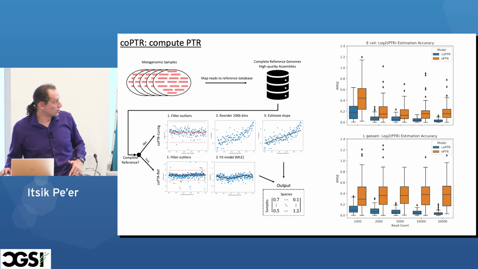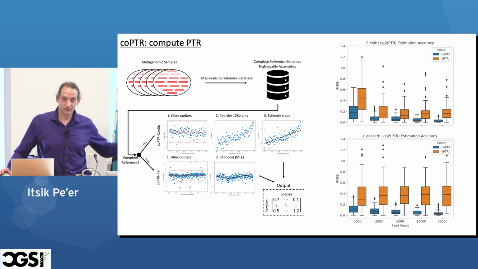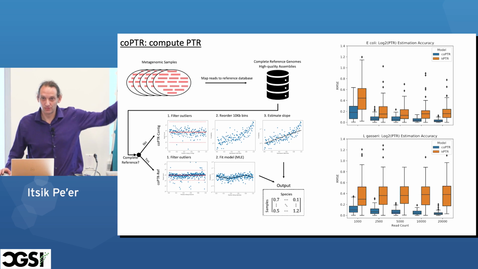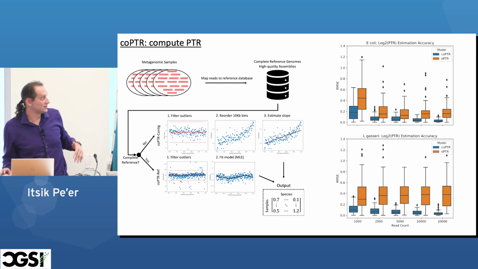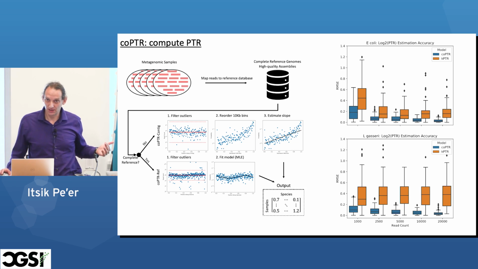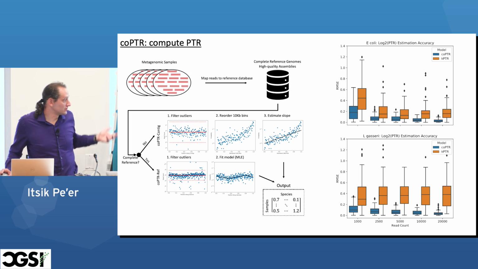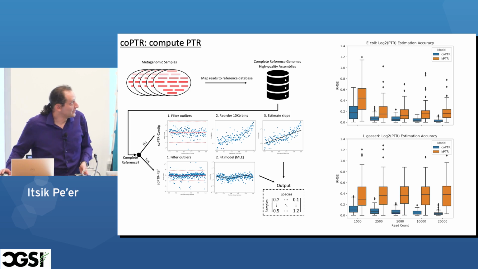So if we order the different bins of sequence according to their overall abundance in multiple samples, we should be able to get an approximate ordering and therefore an approximate rate. We're able to demonstrate that it's doing well in practice.